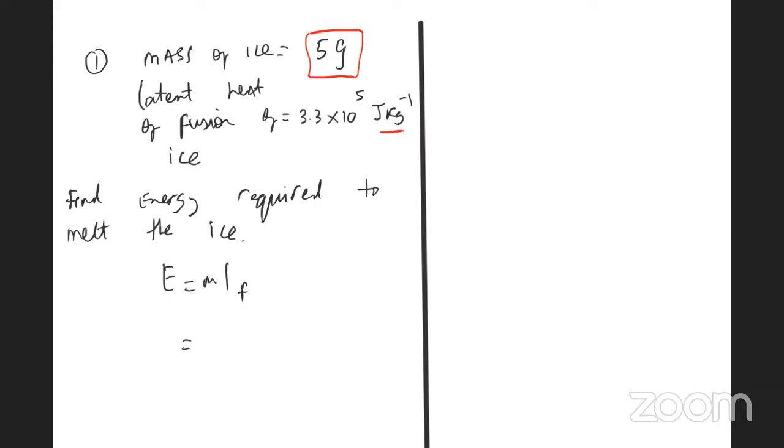Correct, Maria. Right, convert to kg. How do you know? Jacob? You look at the unit for the latent heat. If it's kilograms, you're working in kilograms. If it's grams, you're working in grams.